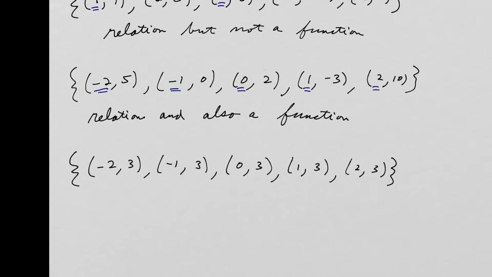It's the input that can't repeat. For each input, there's only one corresponding output, and it happens to be the same, but that's okay. So this is also a function. The only thing you have to check in order for it to be a function is that the input, the x, can't repeat. So it's a relation, of course, and it's also a function.